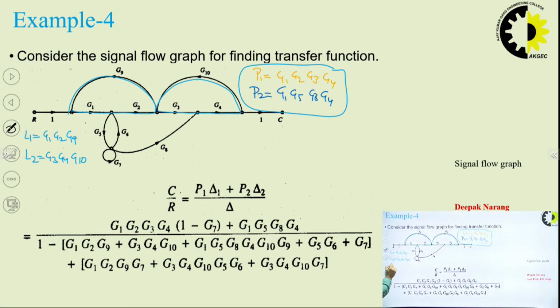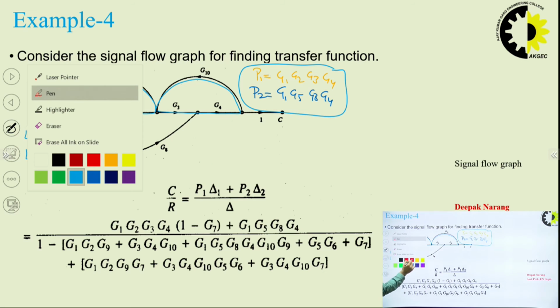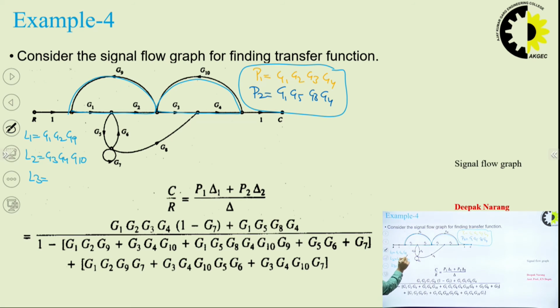The next loop is G1, G5, G8, G4, G10, G9. The next loop is L5, which is simply G5, G6.